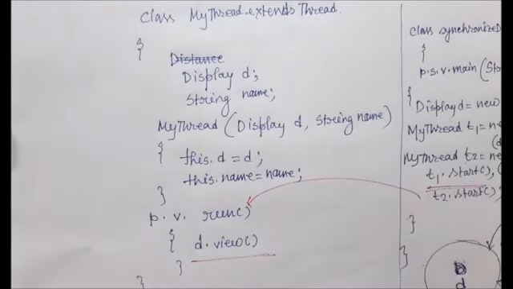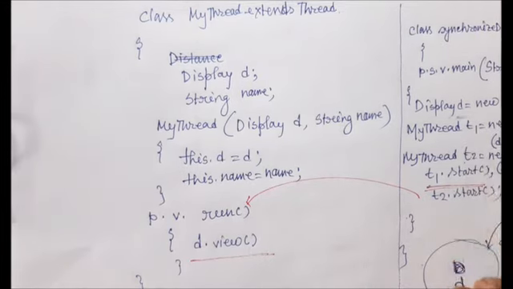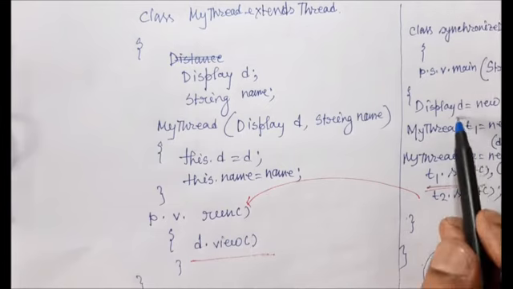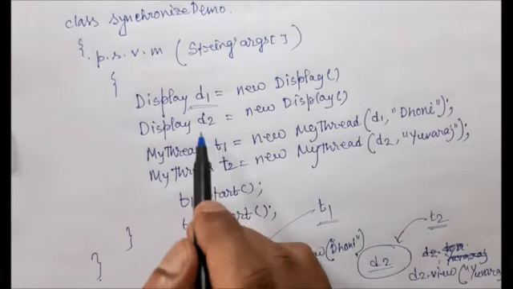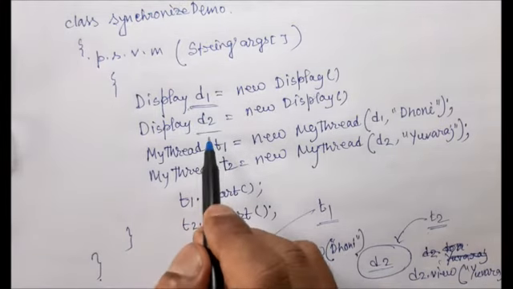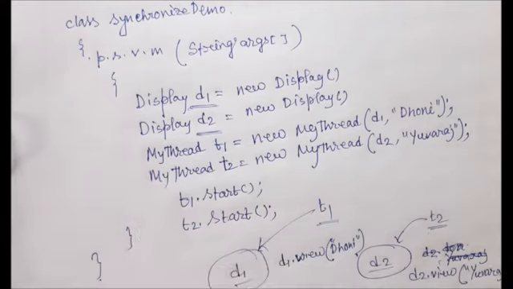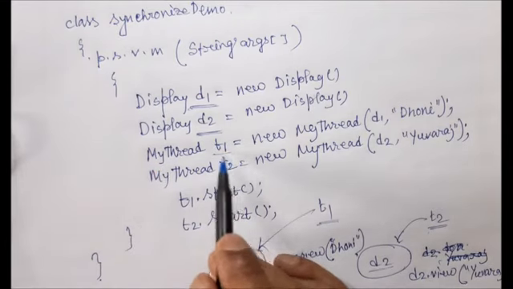We have seen that when we use the synchronized keyword, we got the regular output, because there was only one object and two threads, so we blocked it by using the synchronized keyword. Now, if I have two different objects, d1 is one object and d2 is another object, and two different thread instances.